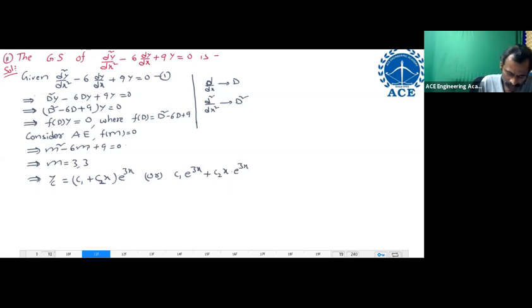Therefore, the general solution of 1 is y equal to yc, that is y equal to (c1 plus c2x) into e power 3x.